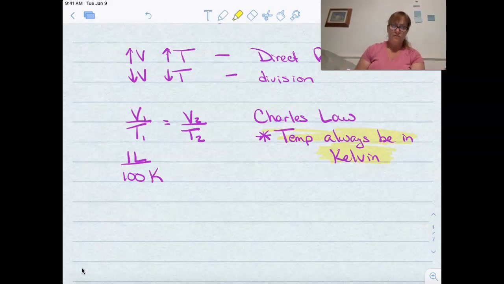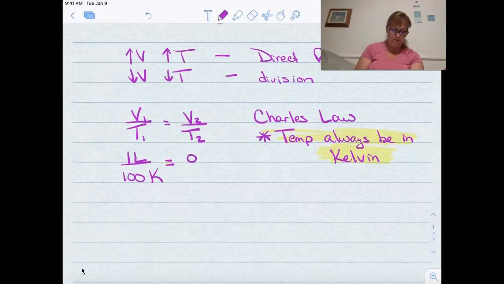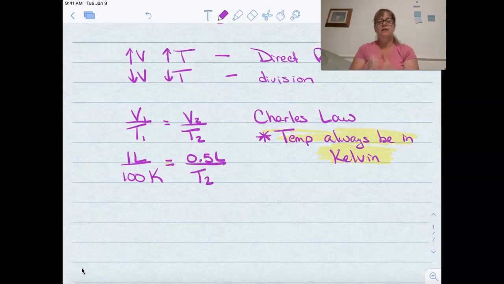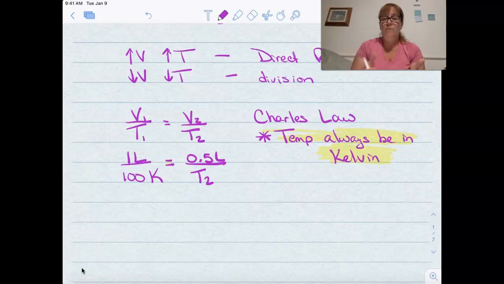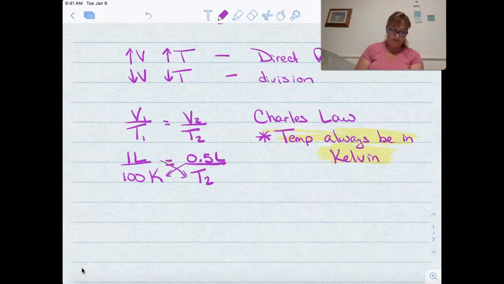All right, so if we've got 1 liter at 100 Kelvin, and we change the volume to maybe 0.5 liters, what would be the new temperature, right? So remember again from algebra, when you've got a ratio set up like this, you can cross multiply to find out what this equals.